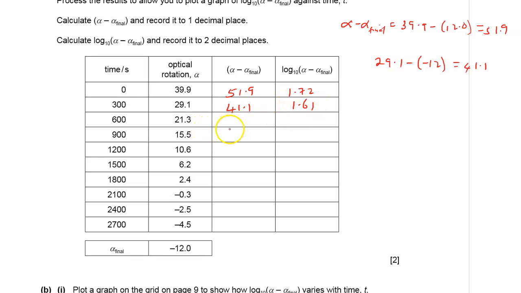So you do the same for the rest, and I'll give you the values here. This will be 33.3, logarithm is 1.52. For 15, this is 27.5 plus 12, which is 22.6... this is 1.35.